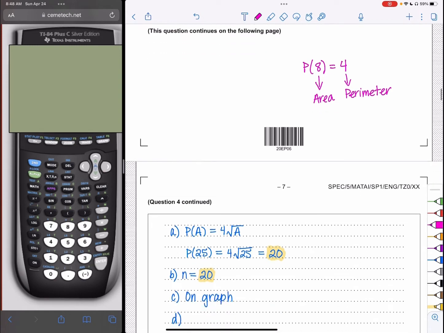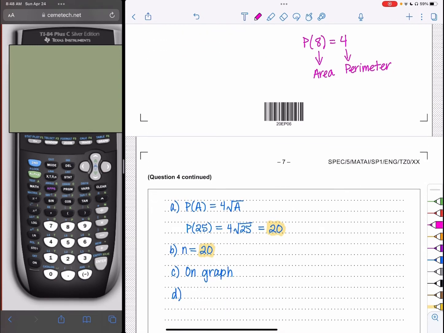However, when I do the inverse, that means that I am switching what my meanings are.